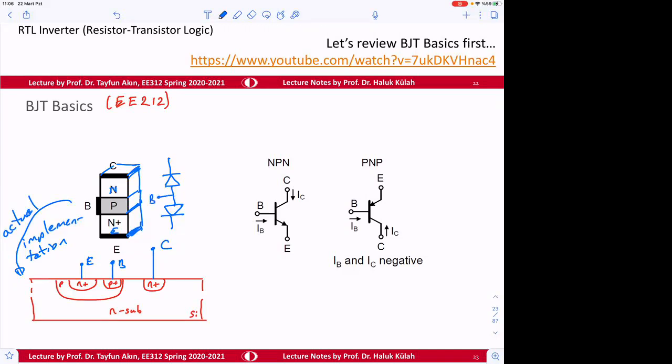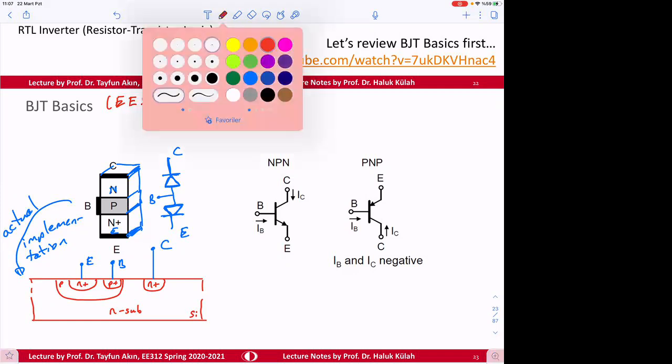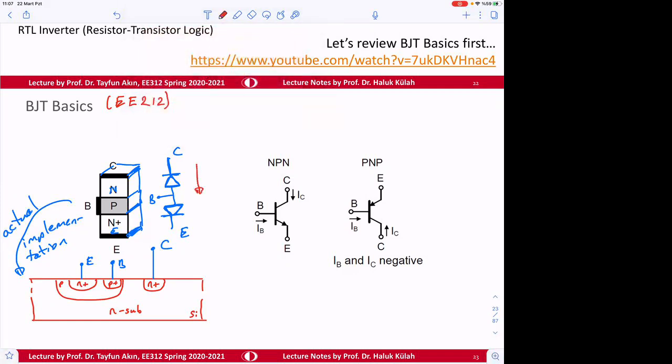This is going to be called base, collector, and emitter. Normally, since there are these two back-to-back diodes, you cannot have a current through here. So the current through here is going to be 0 unless you do something about this. Okay, the default current is going to be 0.